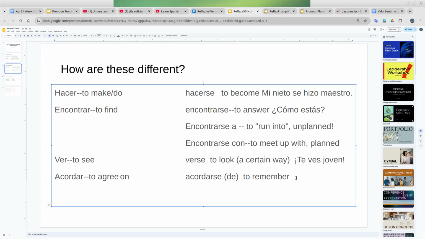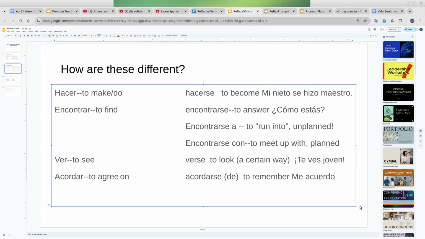Okay, so me acuerdo. I remember. Ahora me acuerdo. And when you name the thing that you remember, then you need to add the little word de. Por ejemplo, uy, qué problema.